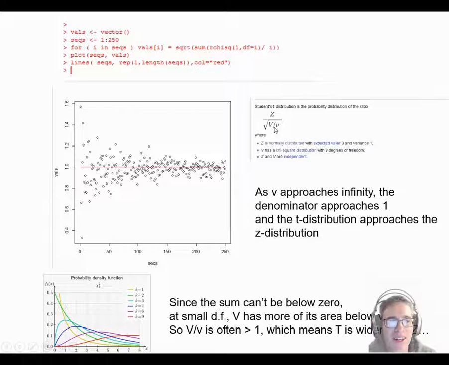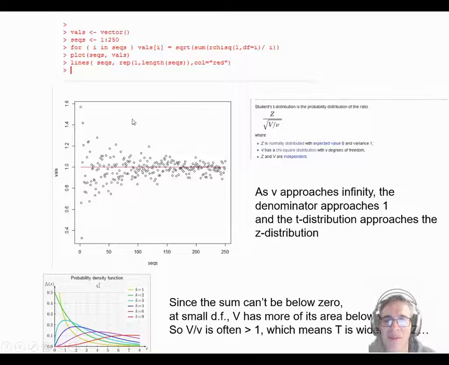As that approaches infinity, this denominator approaches 1, and the t-distribution approaches the z-distribution. So at large sample sizes, the limit of the t-distribution is the standard normal distribution. And we can see that with just a couple of lines of code here, where I am plotting out this denominator.